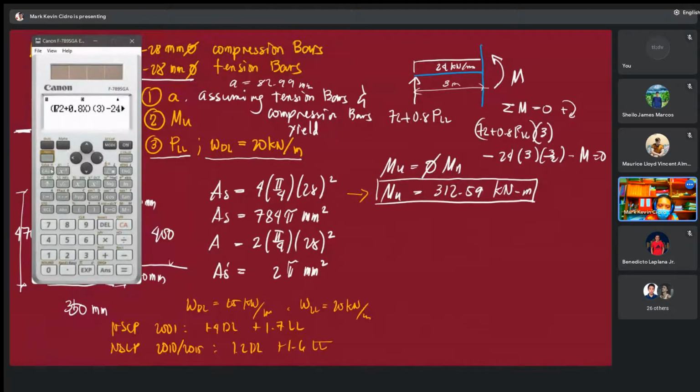Shift solve. Okay, the answer is... wait a moment.